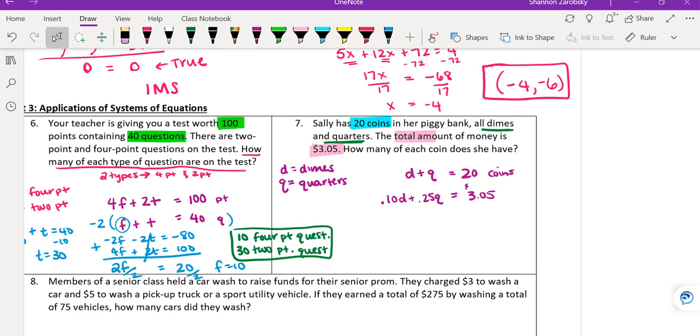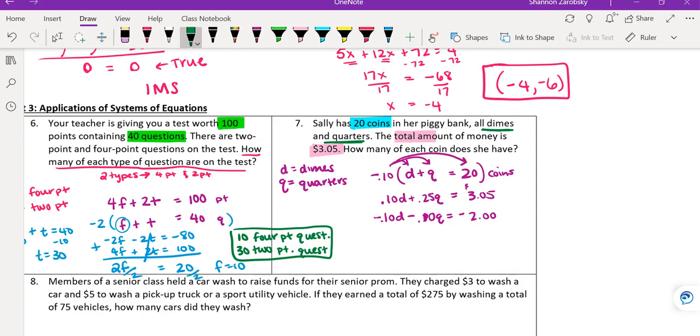So I'm going to go ahead and eliminate, I like elimination better, I'm going to eliminate the D. So I'm going to multiply by a -0.10. When I do that, I get -0.10D minus 0.10Q is equal to -$2. Okay, that's when I distribute each of those values.